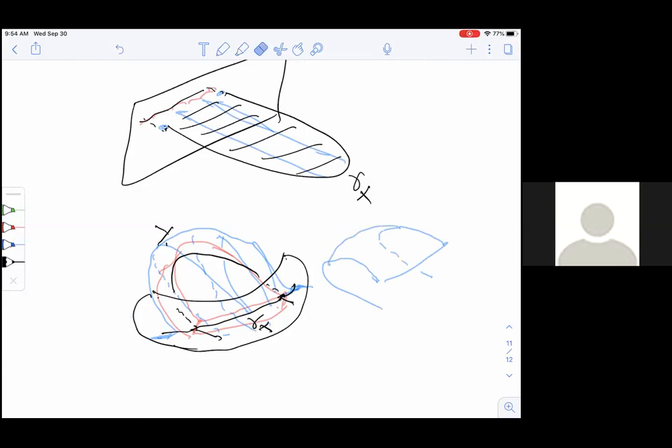Let me try to draw the picture better. Okay, so I'm going to have a cup like this. These are the front edges.